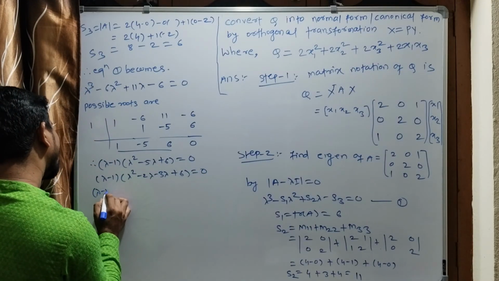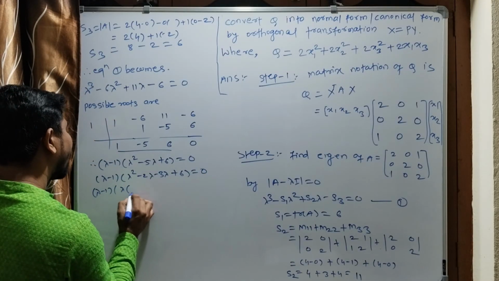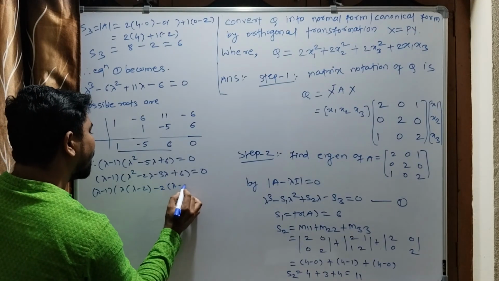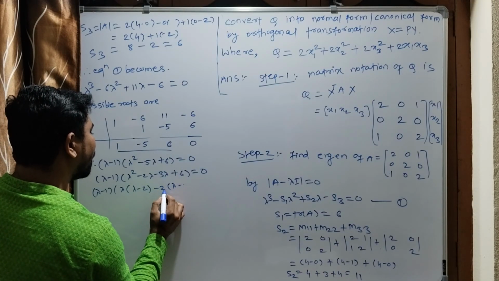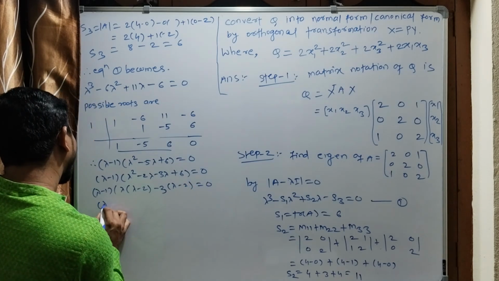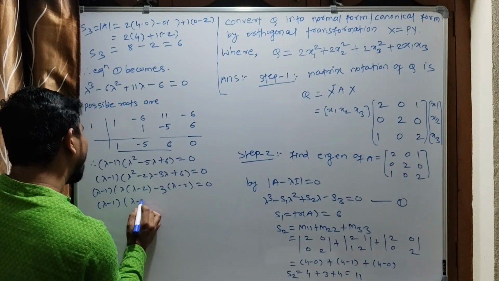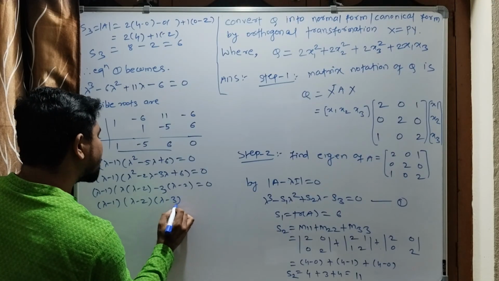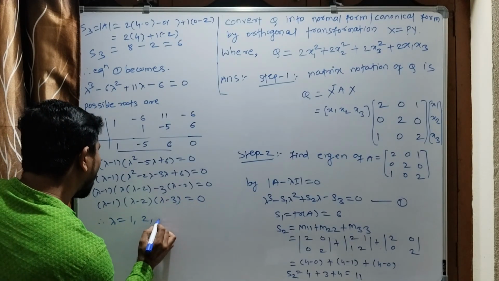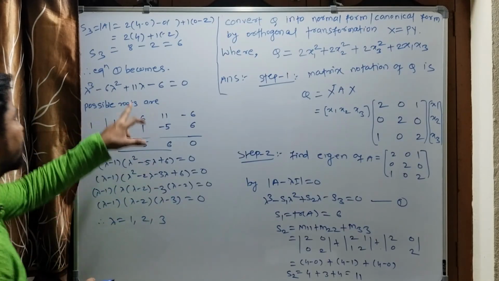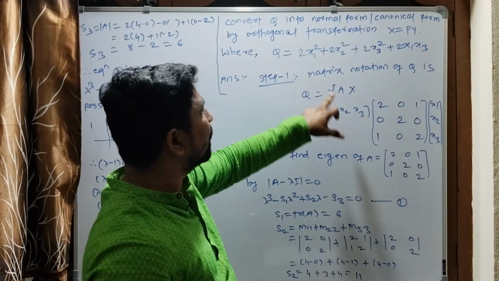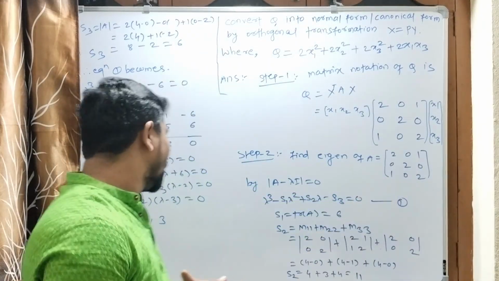Taking lambda common from the first two terms gives lambda minus 2, and taking minus 3 common from the last two gives lambda minus 2 again. Therefore (lambda minus 1)(lambda minus 2)(lambda minus 3) equal to 0. So lambda equal to 1, 2, 3 are the roots of this equation, and these are the eigenvalues of this matrix A.